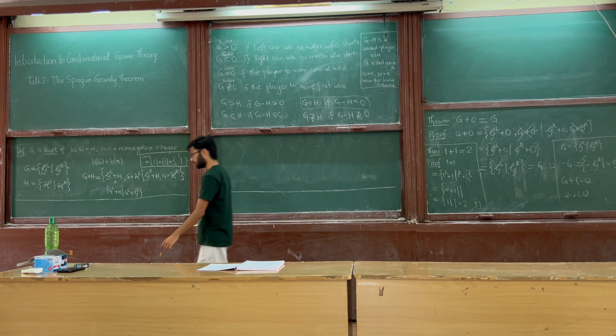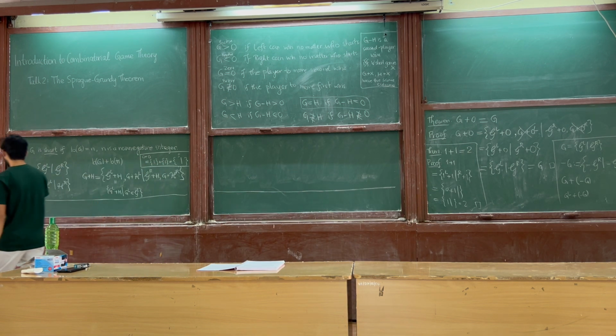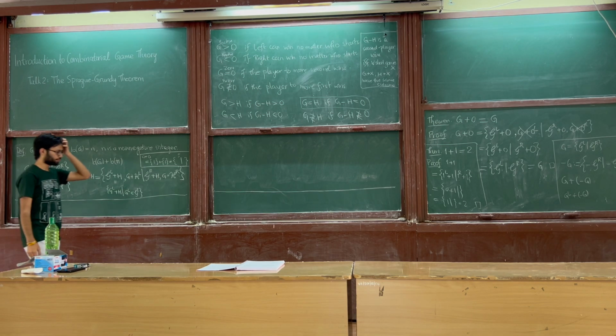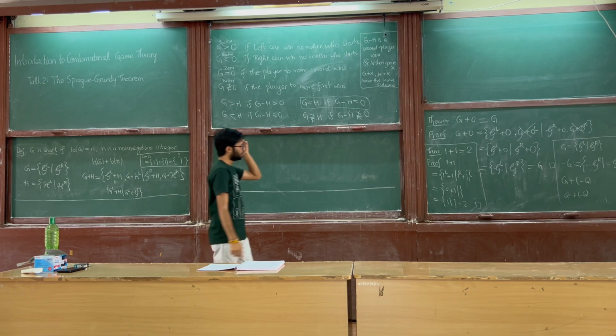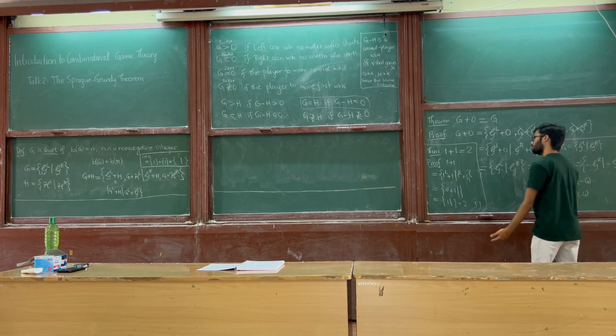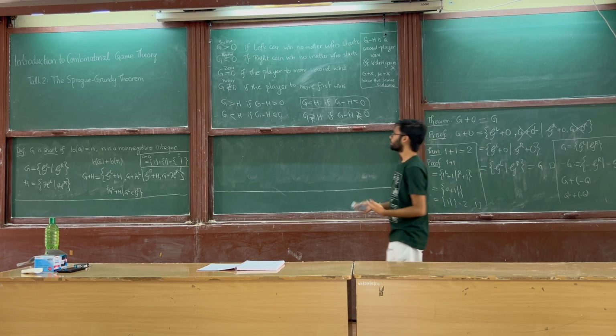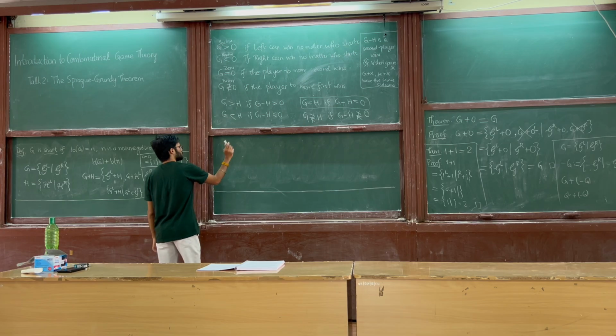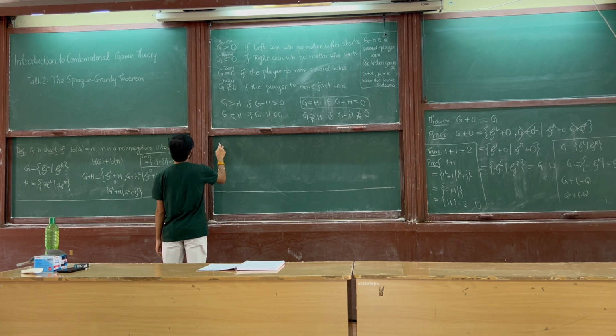The title of the talk, the Sprague-Grundy Theorem. What it really tells us is what are all the impartial games. As I mentioned last time, informally it's saying that every impartial game has the value that a nim-pile does. So let's just define an impartial game formally and then we'll start talking.